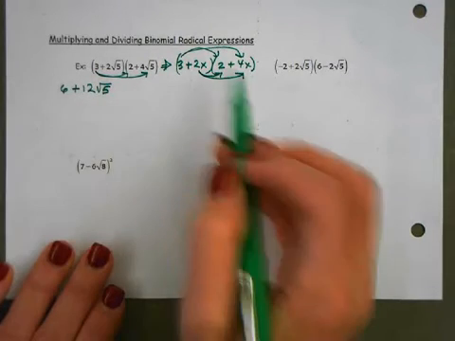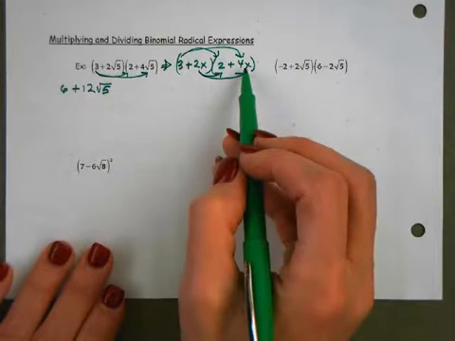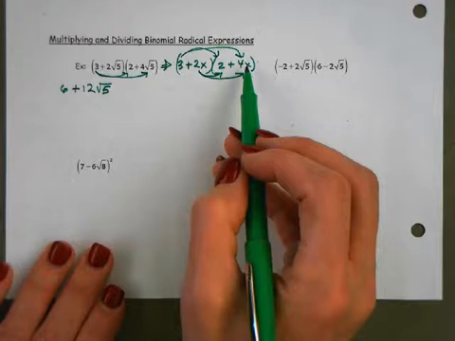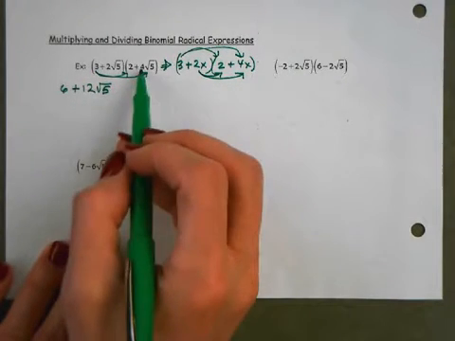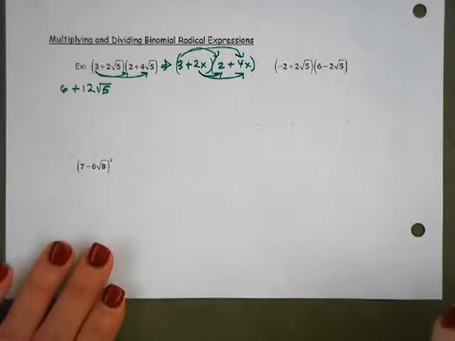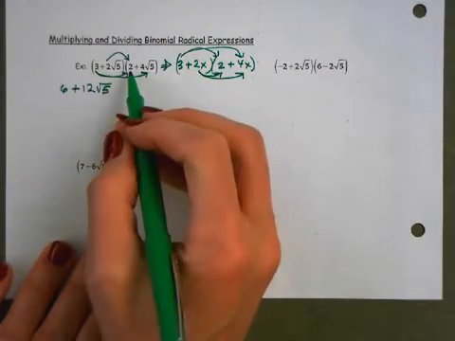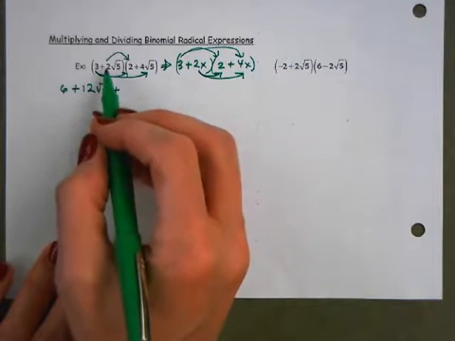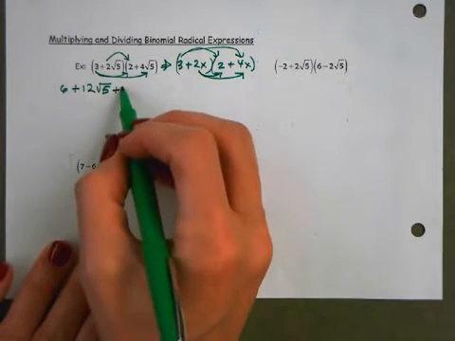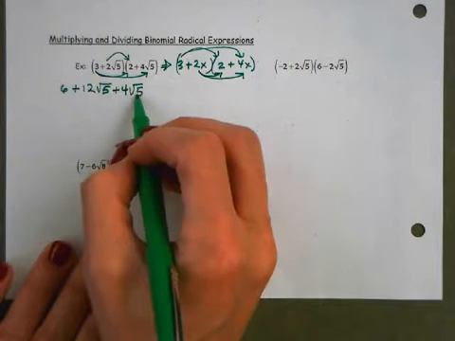Just like if I had the 3 times the 4x, what does that become? It becomes 12x, right? So this is going to become 12 square roots of 5. Alright, then I'm going to do the middle term here. I'll do the 2 square roots of 5 and multiply it by the 2. So what do I get here? I have 2 times the 2, which is 4. 4 square roots of 5. Okay?